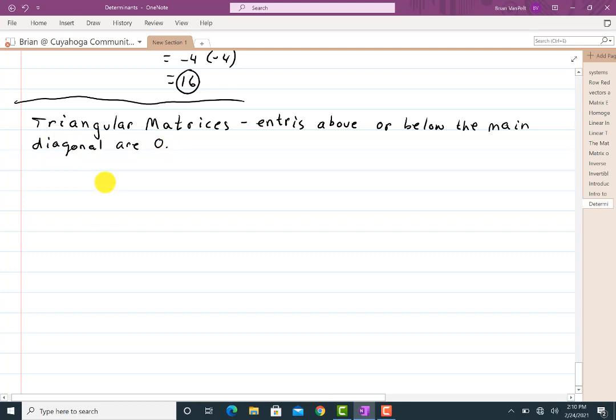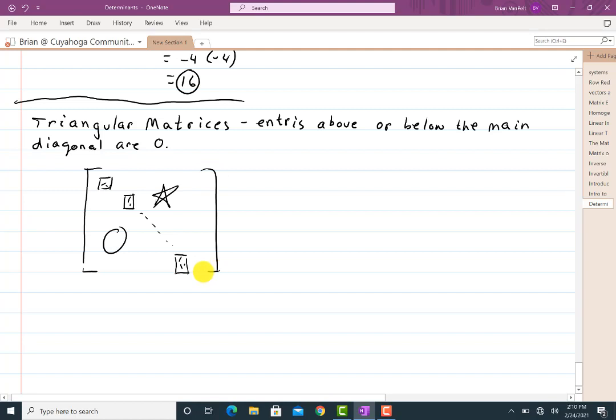So the situations that can occur, we can have something like this. I guess we'll have like blocks, and this will go down the main diagonal, and you'll have, say, some stuff up here, I don't know what it is, but you'll have 0 under here.